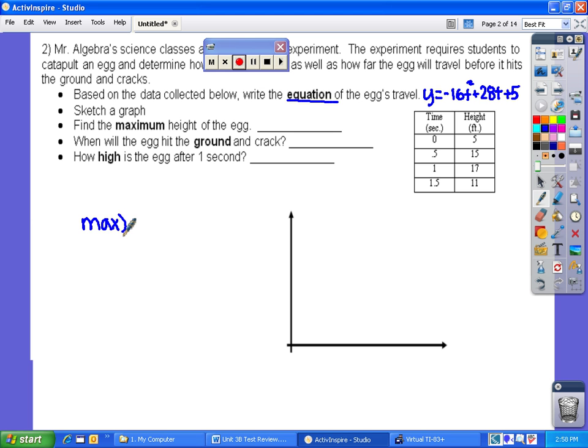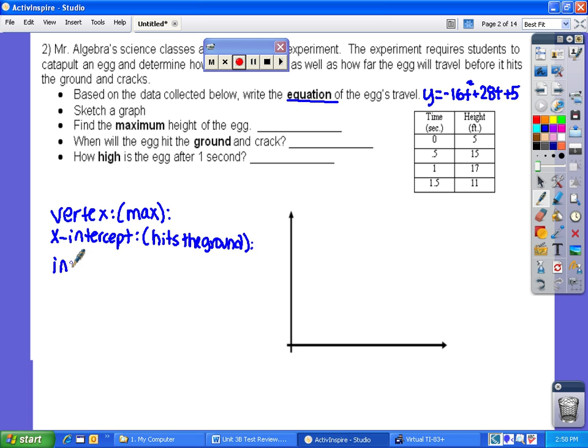So we need the vertex, we need the x-intercept, and that's when it hits the ground. And we need the initial height, which if you look is the last number, which is 5. So it's y equals 5.